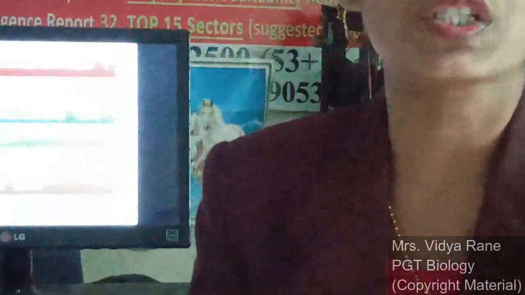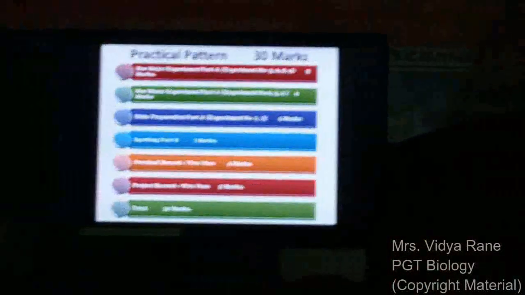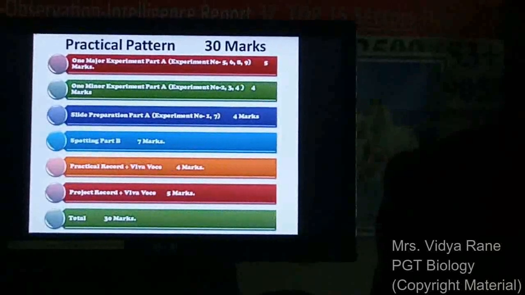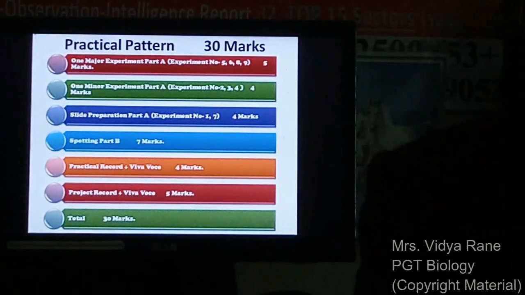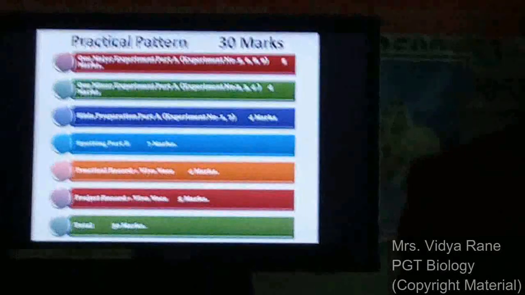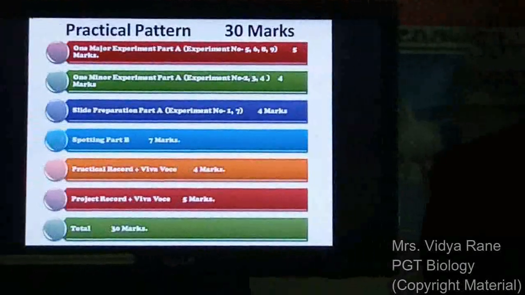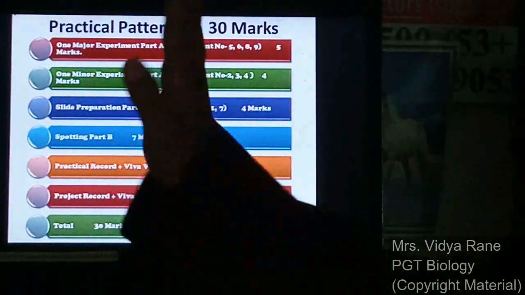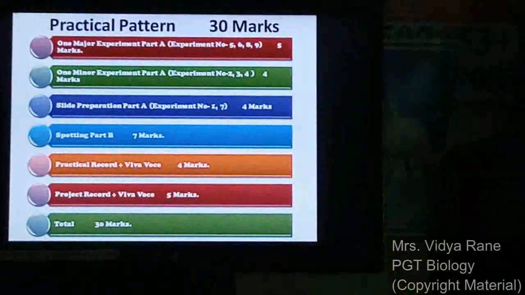What types of questions will be asked in the practical exam? The practical pattern is, as you know, practical carries 30 marks. The first question is of a major experiment.